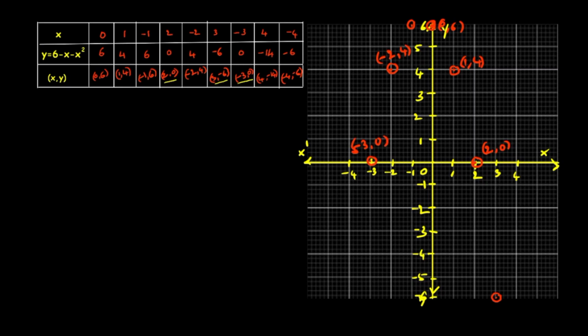The next one is 4, minus 14. So 4, minus 14 is negligible because the parabola is already going to cross at minus 3 and plus 2 on the x-axis. So it should be negligible. Next you take minus 4, minus 6: x-axis minus 4 and y-axis minus 6.